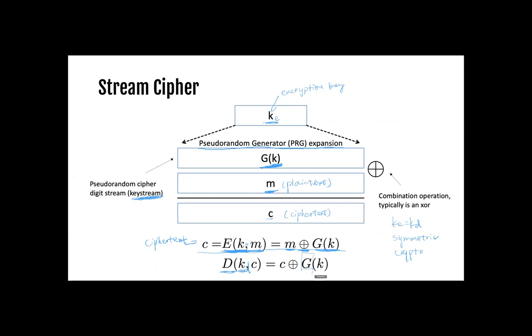It's public for everyone. So whoever has this key will be able to get GK by themselves, calculating on their end. And then they will combine this result with the cipher text, and then you will get the decrypted message.